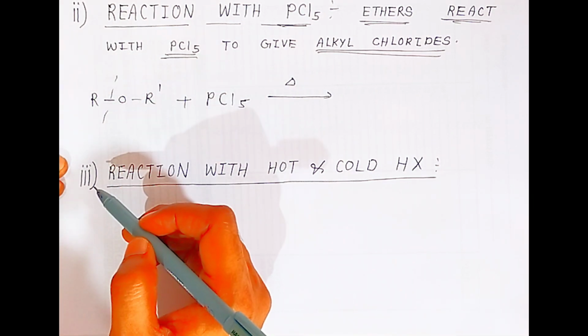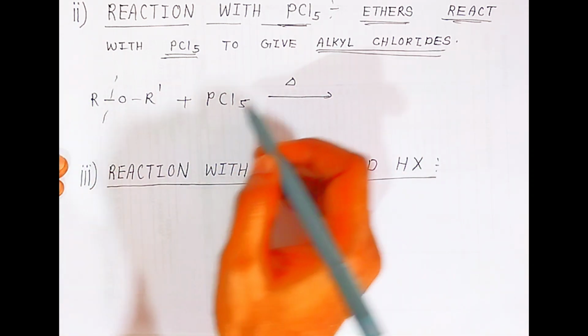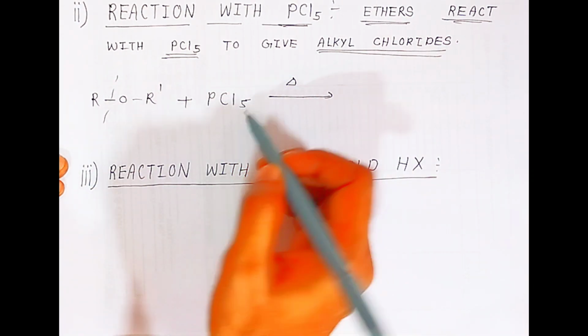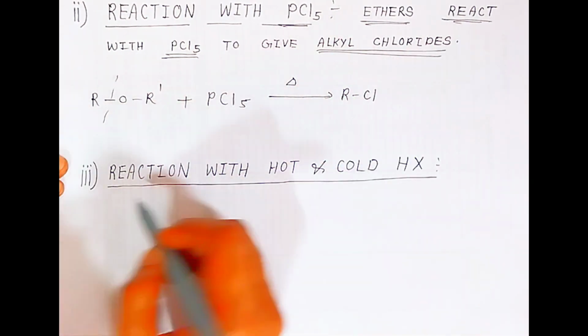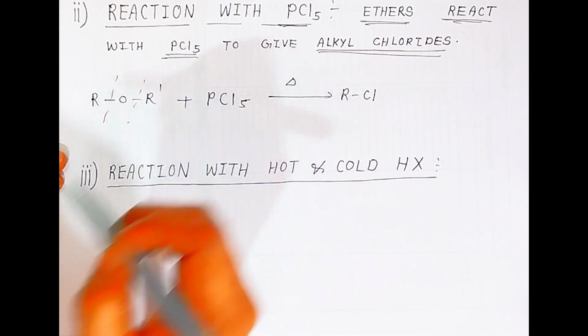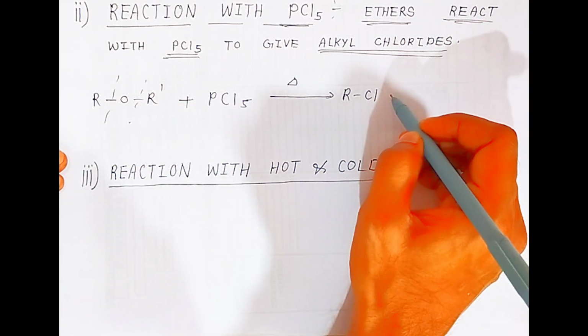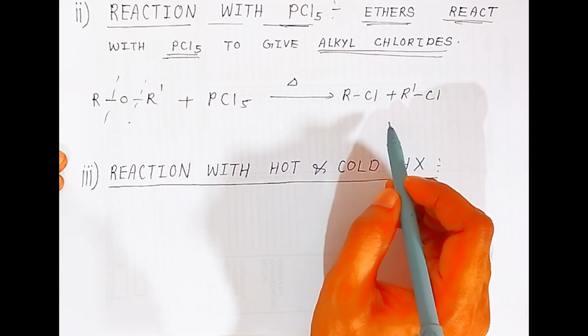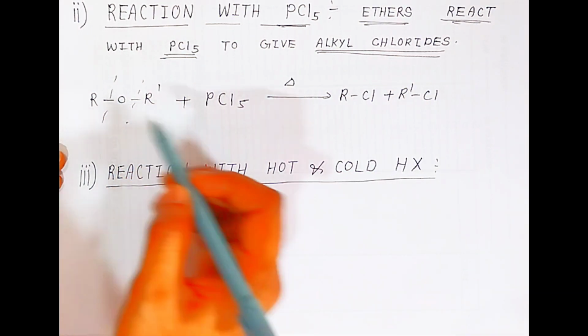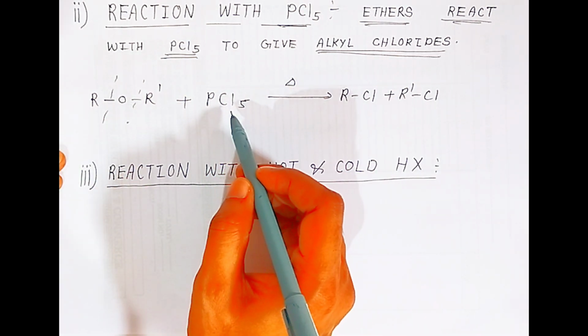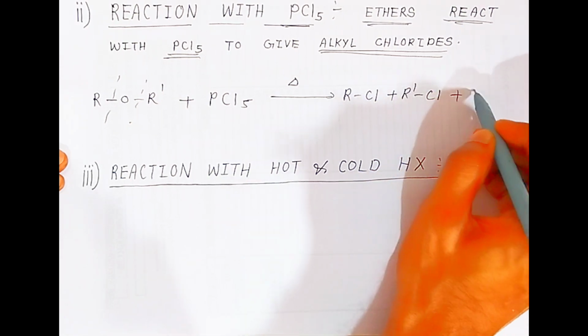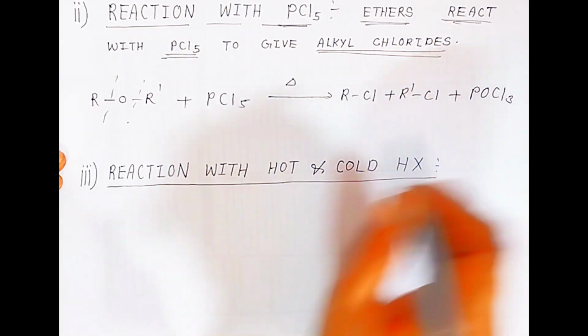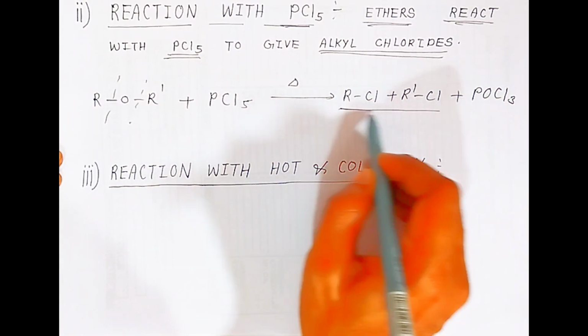Now this combines with one of the chlorines of phosphorus pentachloride and forms RCl. And this bond also breaks and it forms another alkyl halide, R-Cl. So you are getting a mixture of alkyl halides, and this oxygen combines with phosphorus trichloride, that is, it gives you POCl3. So this type of mixture of alkyl halides you are getting.